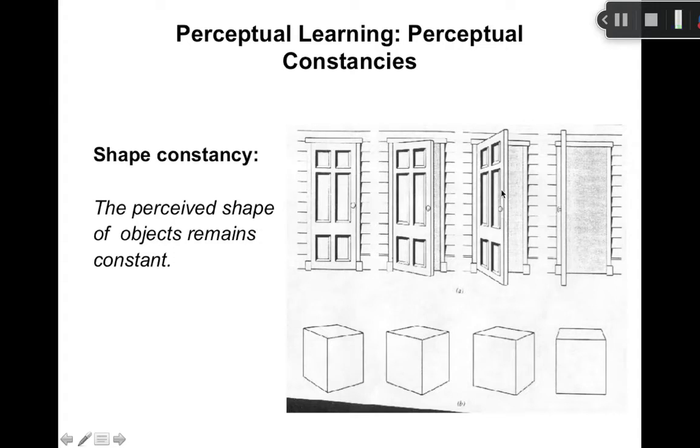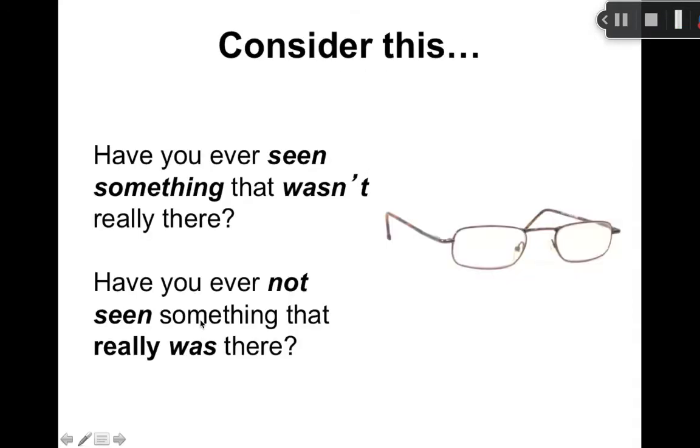The actual shape of the object remains constant. And that's something that's learned as well, shape constancy. So these perceptual constancies, having been learned, shape the accuracy of our perceptual hypotheses. If you've not learned shape or size constancy, you're likely to make errors in perception.